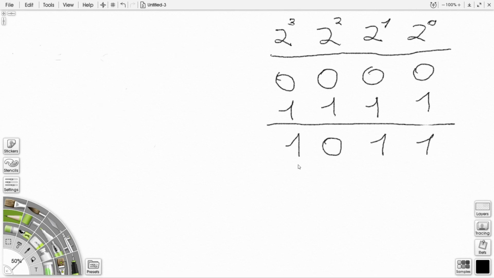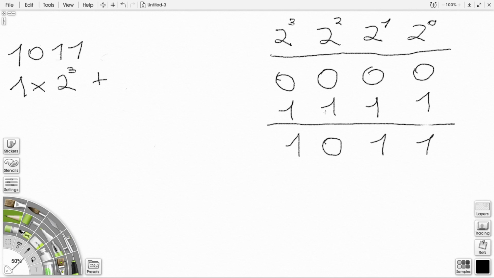So let's go a little deeper now. Let's say that I want to represent the number 1011. I'm going to write it here: 1011. What is this number in decimal? Well, what is the amount of 2's to the cube that I have? I have 1 2 to the cube, plus, what is the amount of 2's to the square that we have?